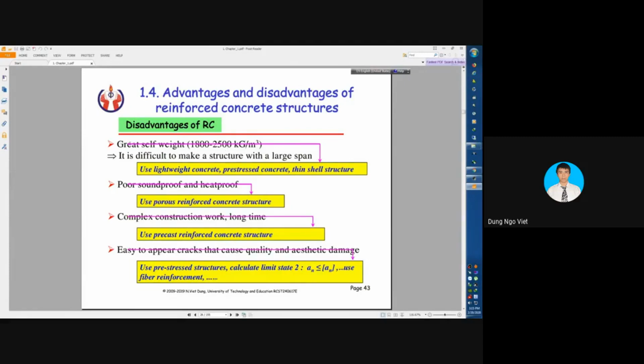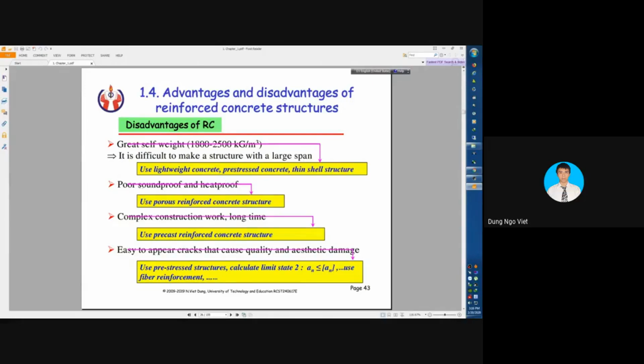The solution for this disadvantage is to use lightweight concrete, pre-stressed concrete, or thin shell structure to reduce the self weight of the reinforced concrete structure. The second disadvantage of reinforced concrete structure is the poor soundproofing and heat proofing.